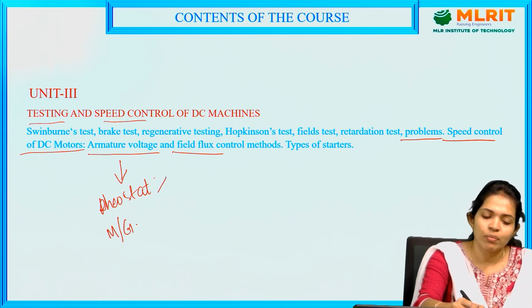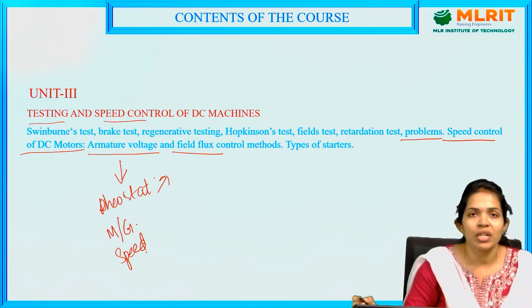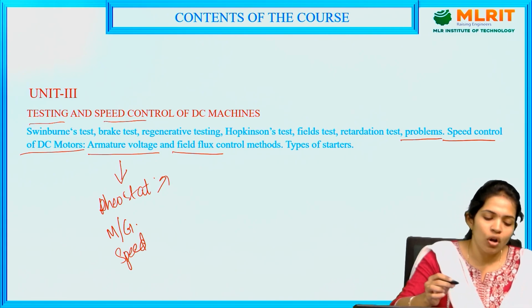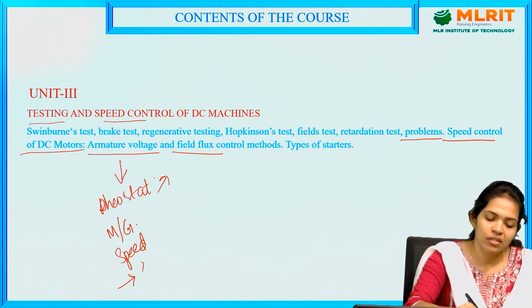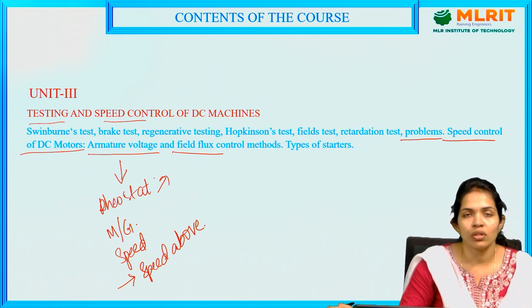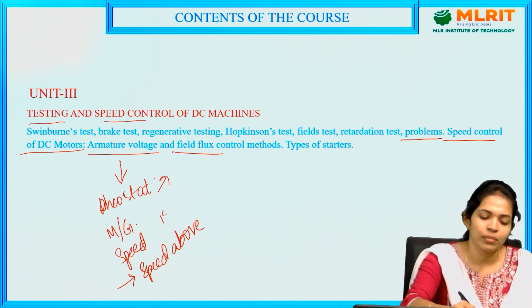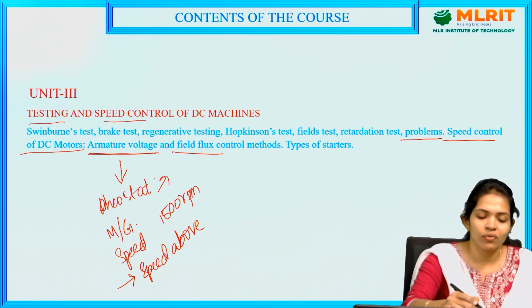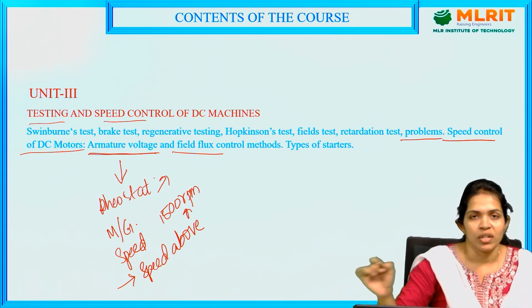So we vary the position of this rheostat and we accordingly control the speed of the machine. By using the armature voltage control method, we always get speeds above rated speed. Consider if the speed of the motor or generator is 1500 RPM, while we apply this method of speed control, we get speeds above rated speed.